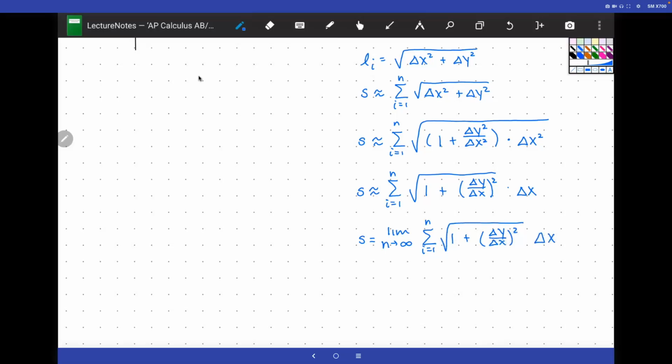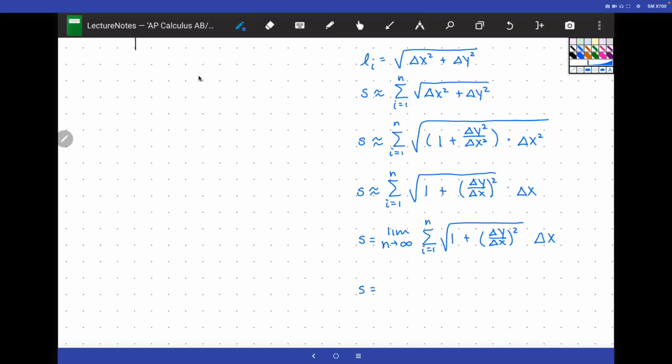And now that I got the limit as n approaches infinity, and I got this whole thing, the sigma with the delta x at the end, I can use the definition of a definite integral to rewrite this as an integral.